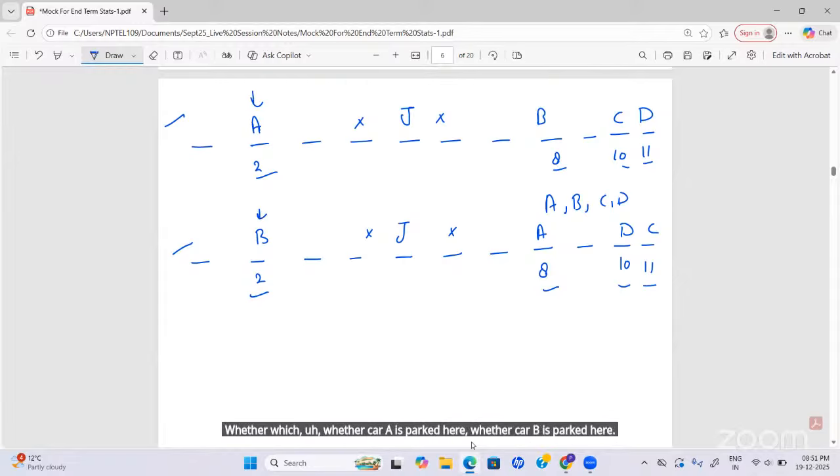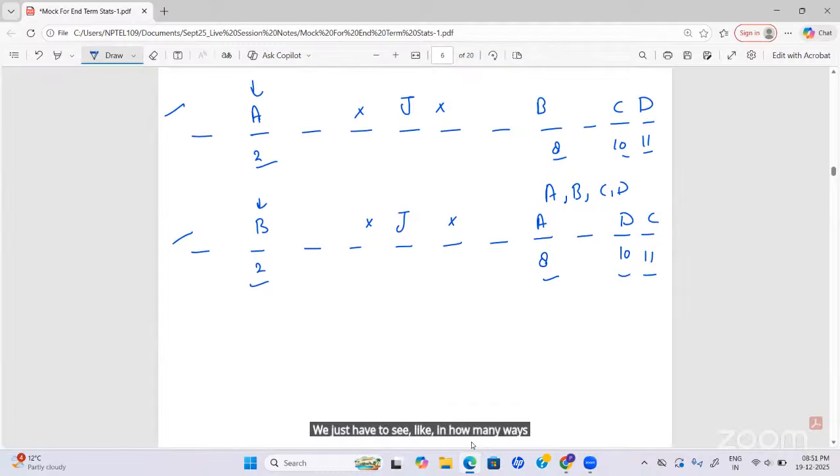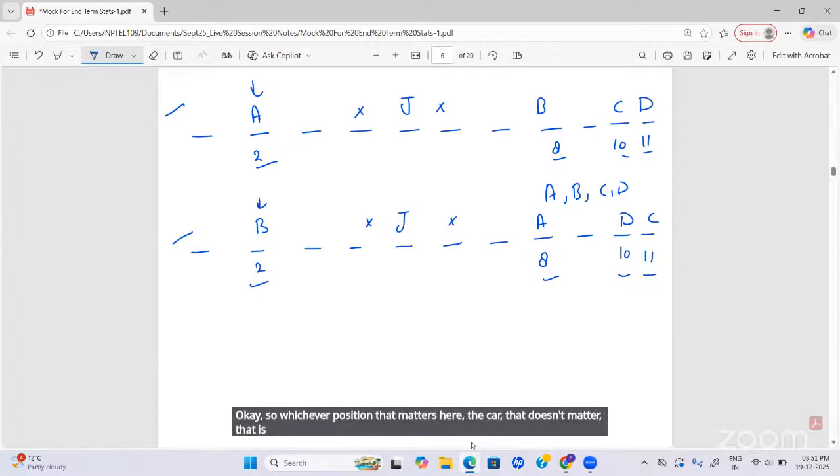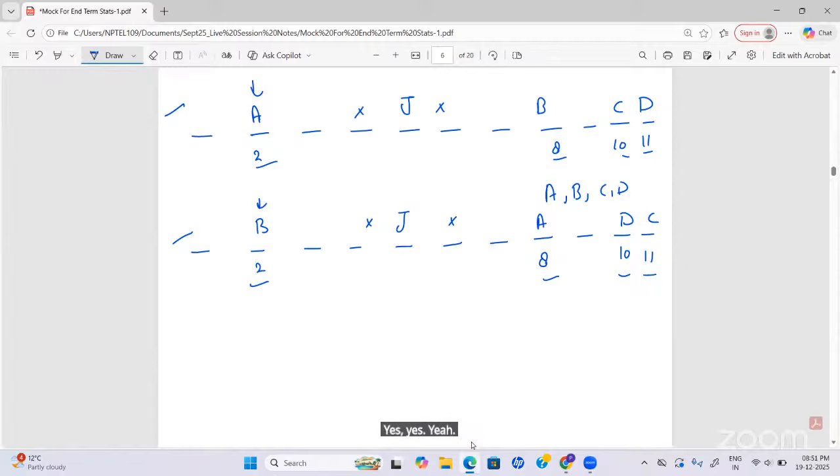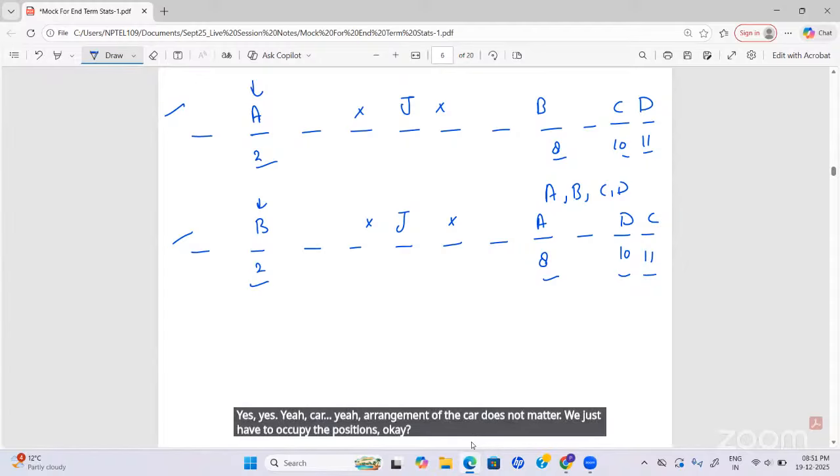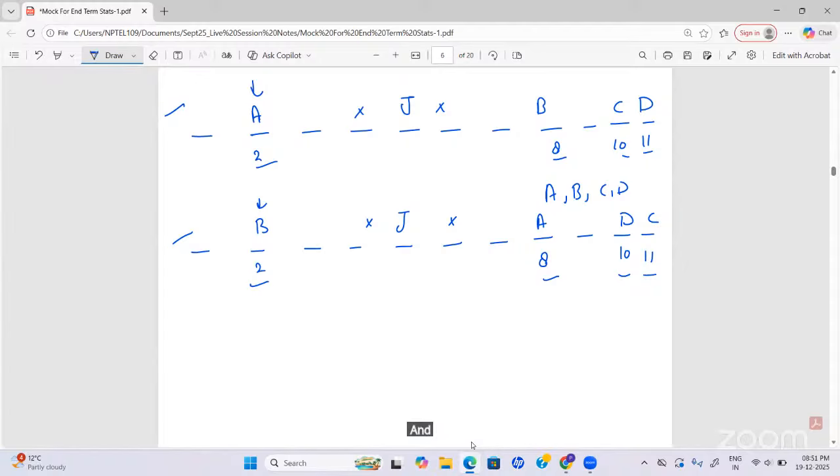We just have to see in how many ways we can occupy the four places. Whichever position matters here, the car doesn't matter. That is why order doesn't matter here. Arrangement of the car does not matter. We just have to occupy the positions, whichever car we park.